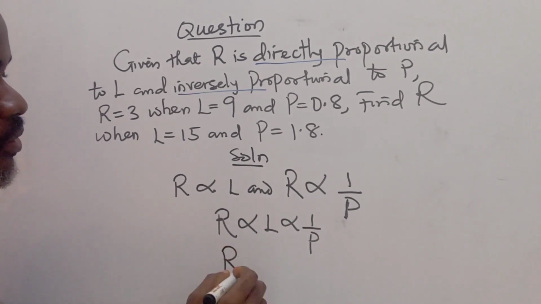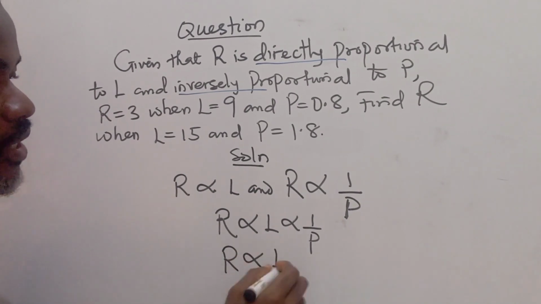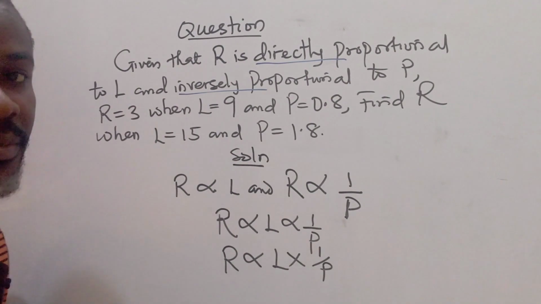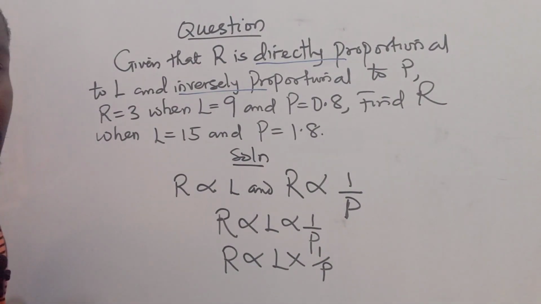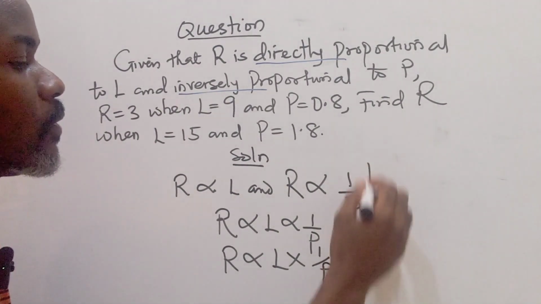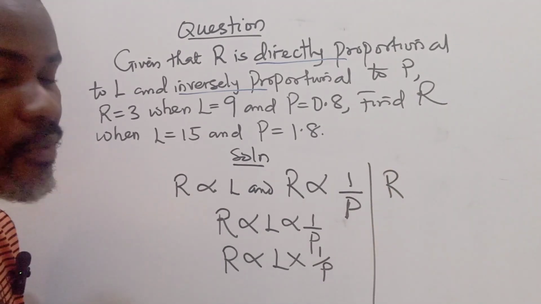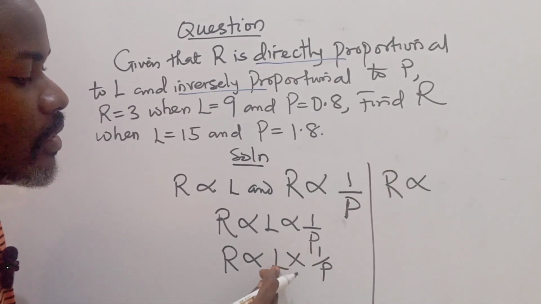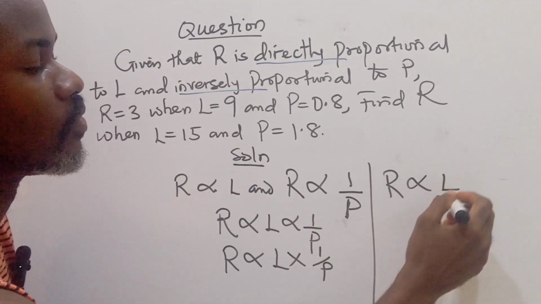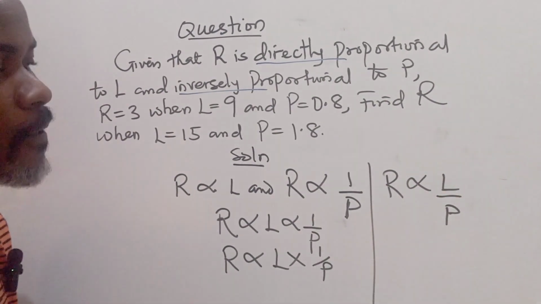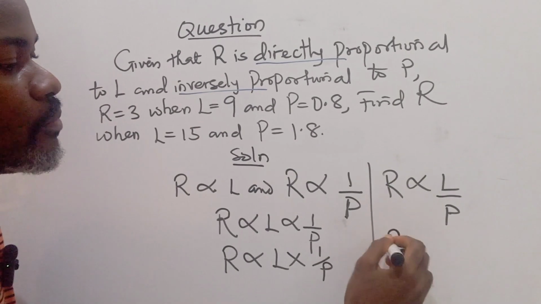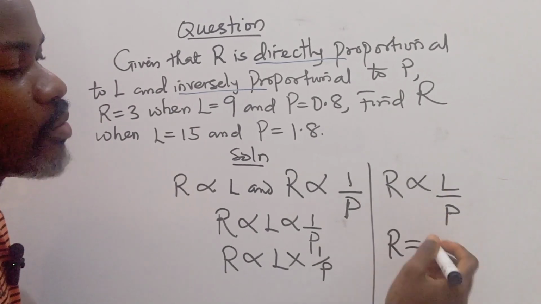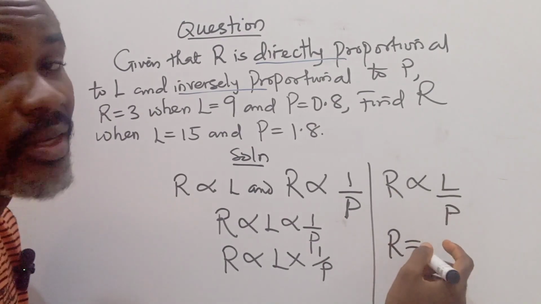Or I can say R is directly proportional to L multiplied by 1 over P. So what will this give us? R is directly proportional to 1 times L, which is L over P. From this, we bring our equal to sign to replace this, so we are going to multiply by K, a constant.